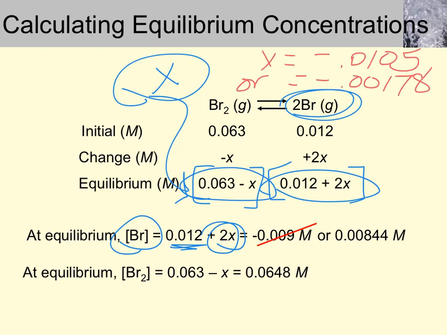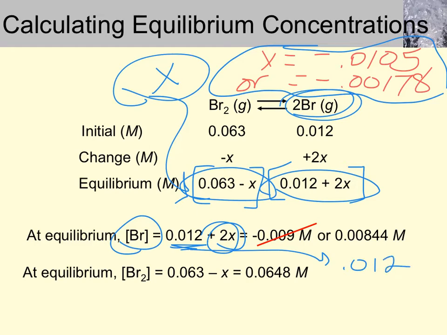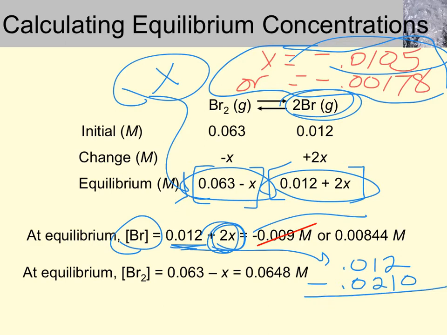Alrighty, so the 2 values of x that we came up with on the previous slide, I just jotted them down here. So if you try the first one, 0.012 minus 2x. If we have x equal to 0.0105 and then multiply that by 2, we come up with 0.0210, okay?